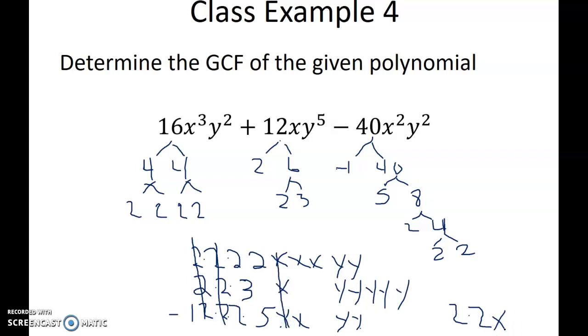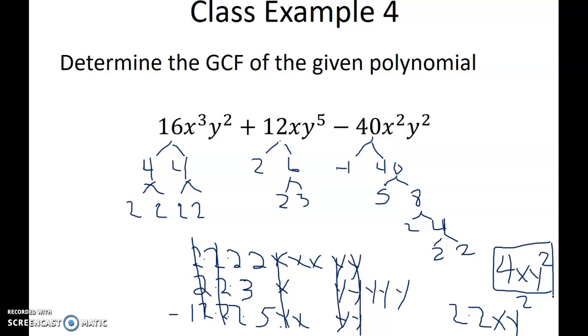And really, I just need to look up at my terms, and I'm looking for the smallest exponent. So the most I can take out of all of them is 1x. The most y's I can take from all 3 are 2 y's, y squared. So there's 2 y's that they all have in common. So 2 times 2 and xy squared, my GCF here is going to be 4xy squared. That is the GCF.